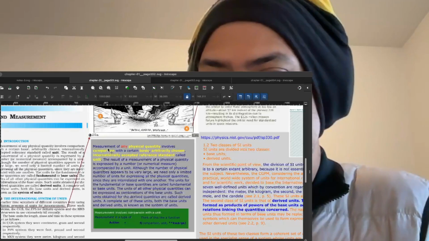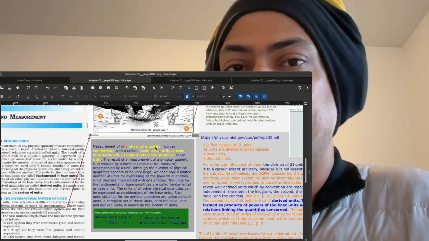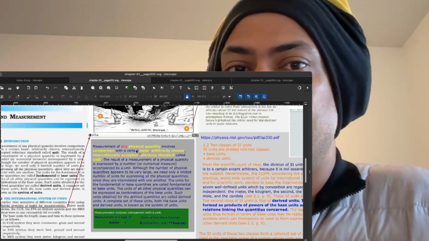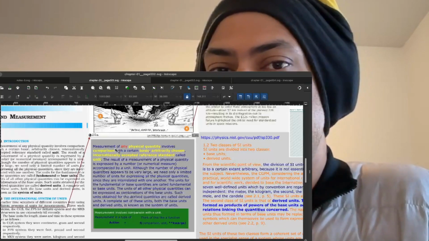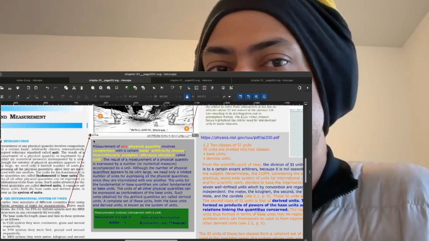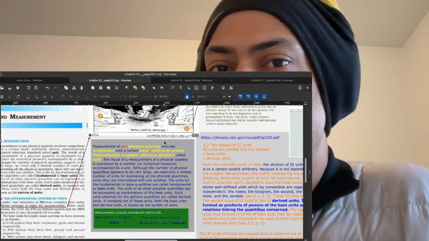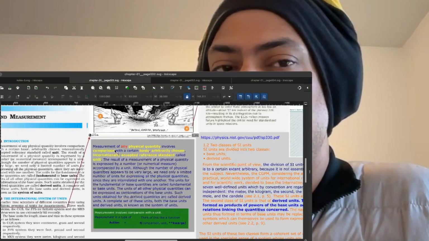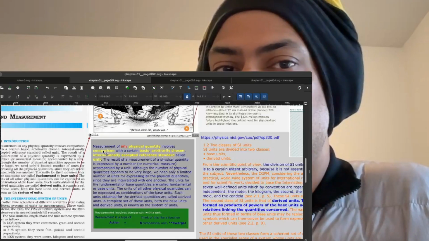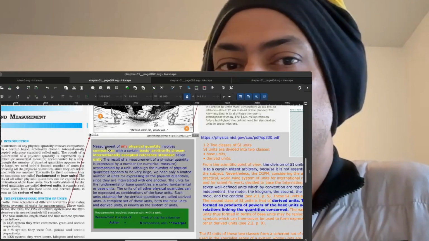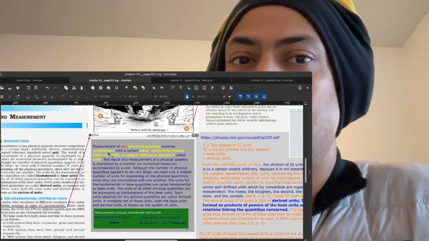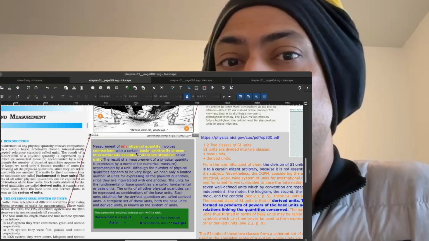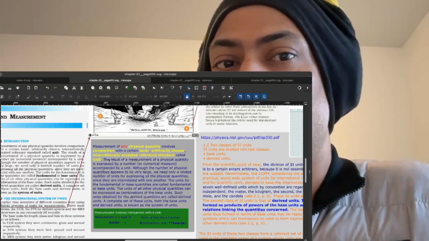So, basically, measurement of any physical quantity. If we skip this grammatically, then the sentence becomes: this action involves comparison. So, this action is the action of comparison with a certain something called unit.